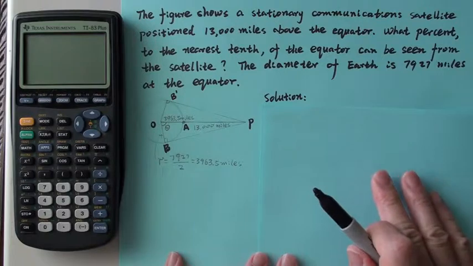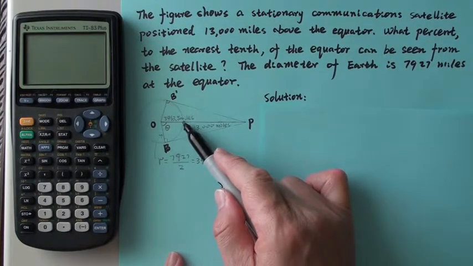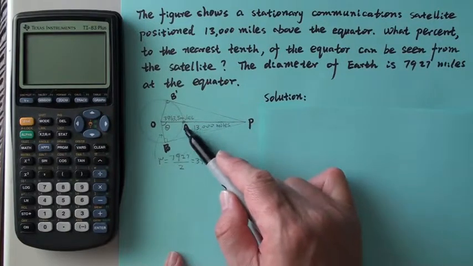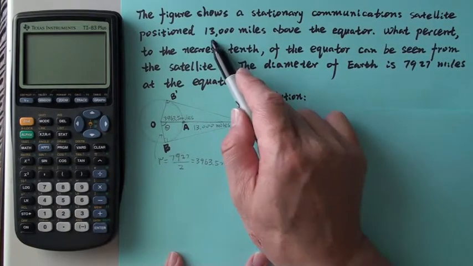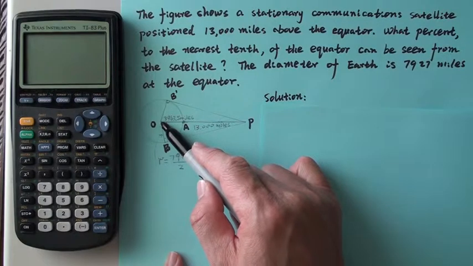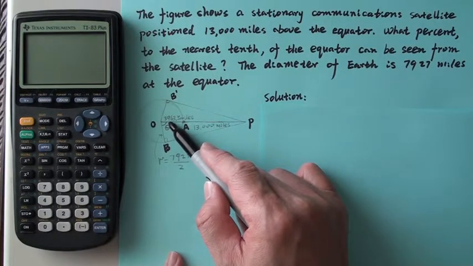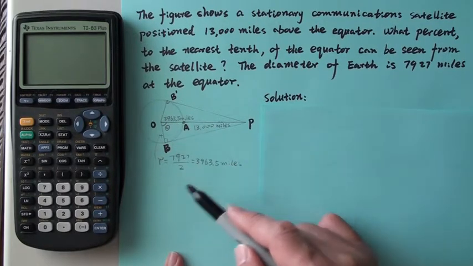Now here is the way we do it. We know the length of AP, which is this much, and we also know the radius OA is 3963.5.